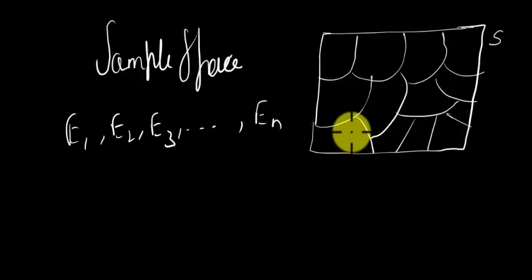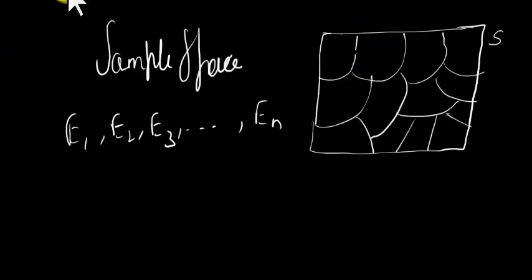Now if you actually notice these events, none of them are overlapping each other, isn't it? I'm not having an event something like this, which is overlapping this and overlapping this. So that is one thing that you need to notice. And not only that, if I take the union of all these individual events, it's going to give me the sample space.